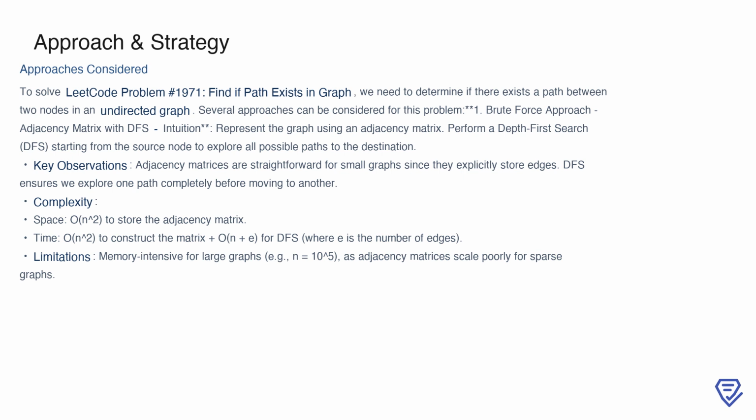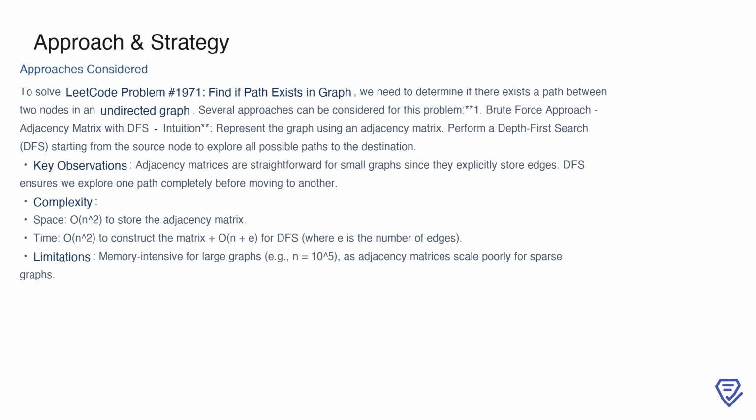This approach works particularly well for small graphs because adjacency matrices are simple and direct. However, it comes with some notable limitations. While the time complexity for constructing the matrix and performing DFS is manageable, the space complexity is n squared, which becomes impractical for larger graphs, especially when the graph is sparse.